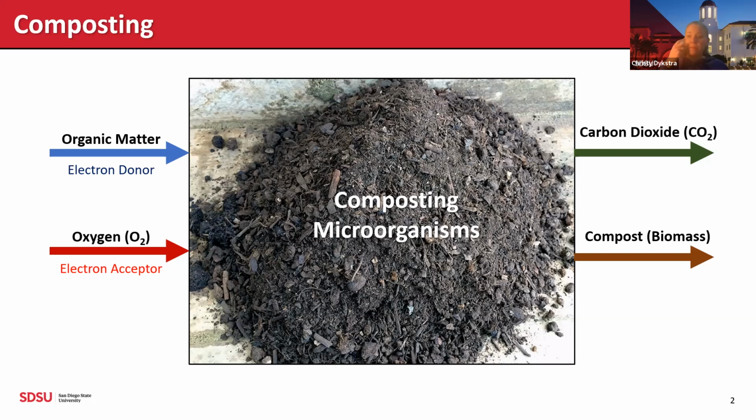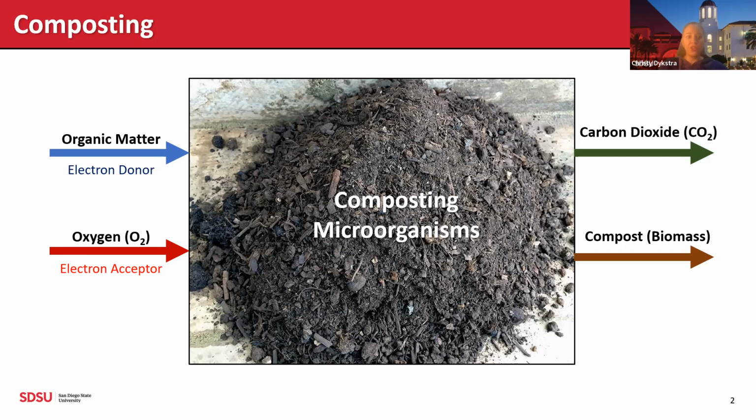So things like our food waste or green waste or any other organic material, we can divert to either composting or anaerobic digestion. And we're going to have a little bit of a comparison between the two technologies, and then we're going to do a couple of problems or examples.